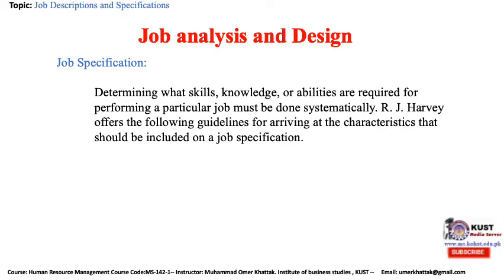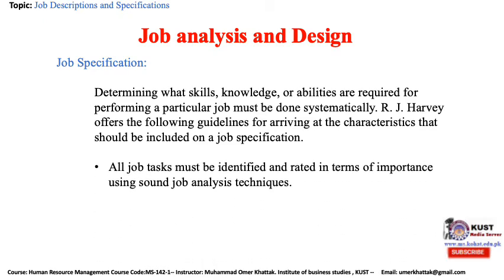Determining what skills, knowledge, or abilities are required for performing a particular job must be done systematically. R.J. Harvey offers the following guidelines for arriving at the characteristics that should be included on a job specification. All job tasks must be identified and rated in terms of importance using sound job analysis techniques.